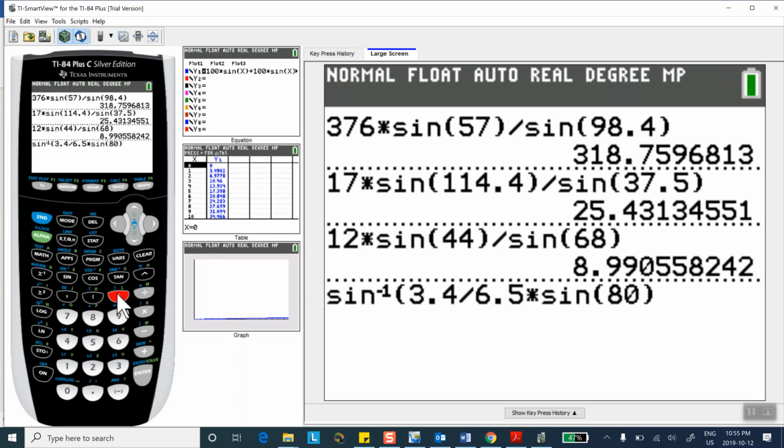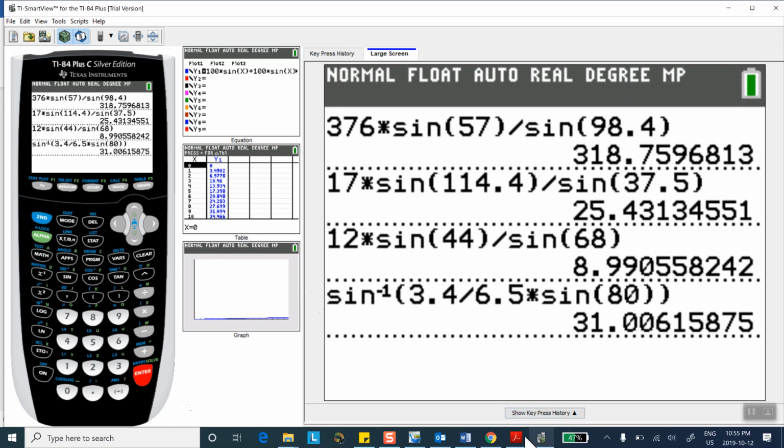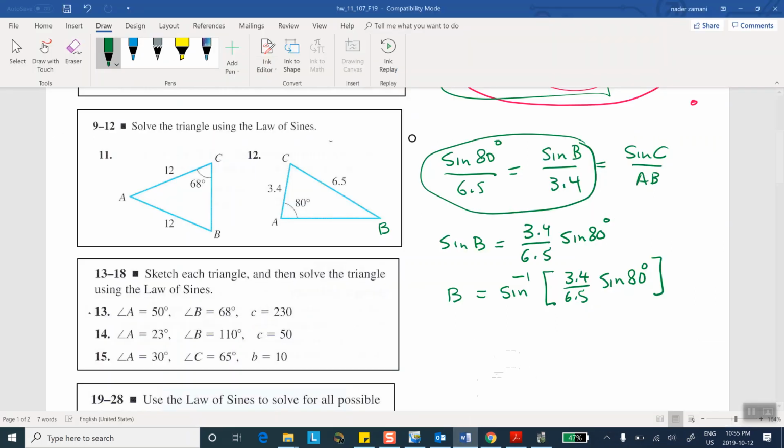Close the parentheses and close the parentheses and hit enter, and this is going to be 31 degrees. So angle B is 31 degrees. So if you go back here, this angle we found to be approximately 31 degrees.